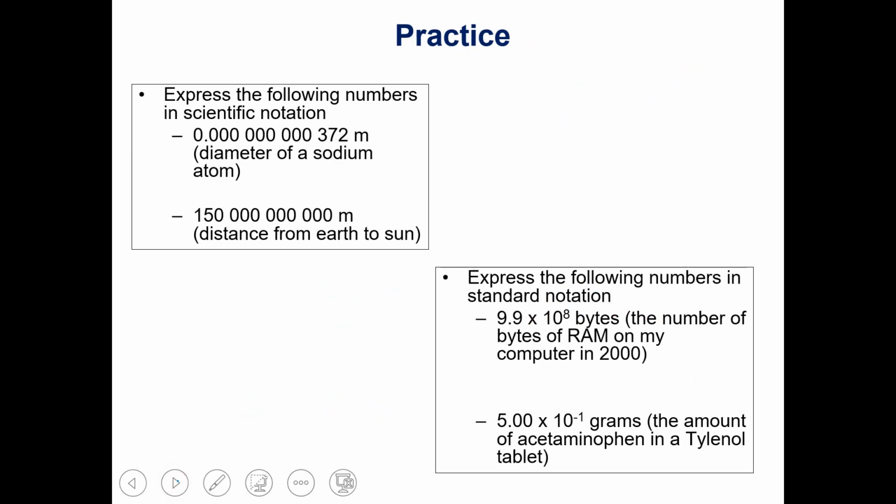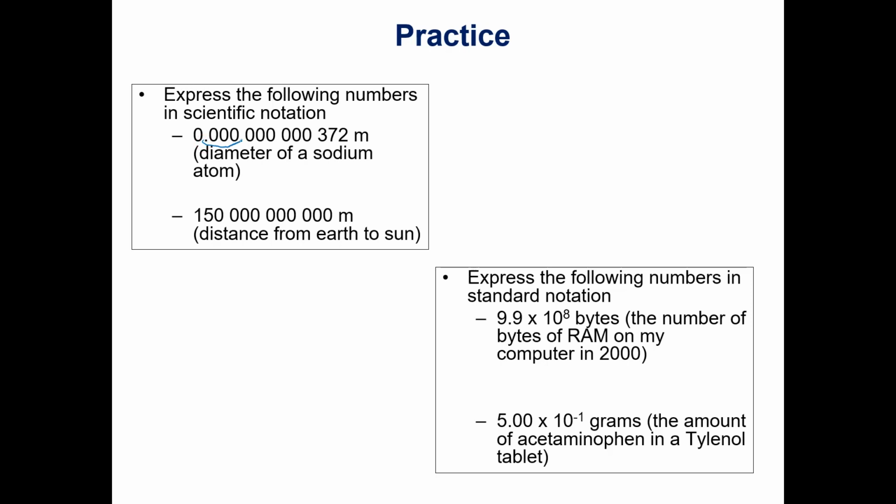So let's get a little bit of practice here. Let's take the diameter of a sodium atom, which is all of these zeros with 372 after it. So we group the zeros to make it a little bit easier to count them. And we're going to go to the right.